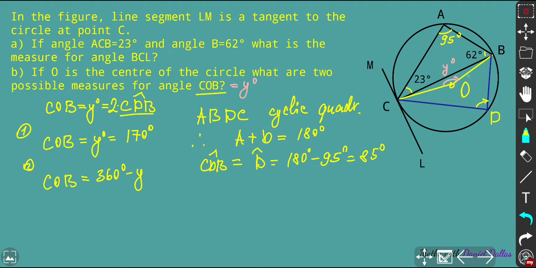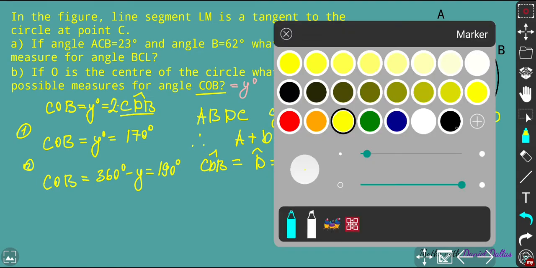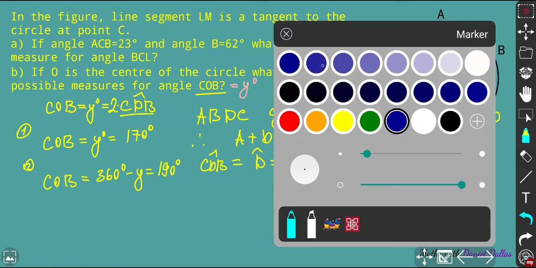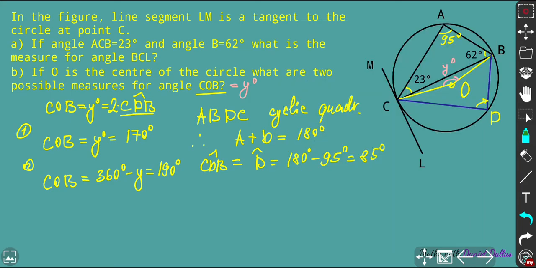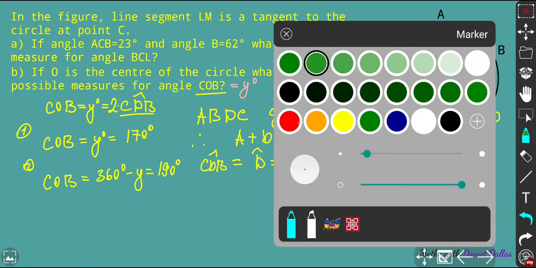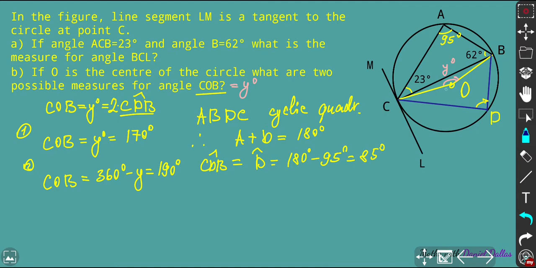So 360 minus Y gives the alternative measure, which is 190 degrees. I'll choose the blue one for this angle, 360 minus Y.